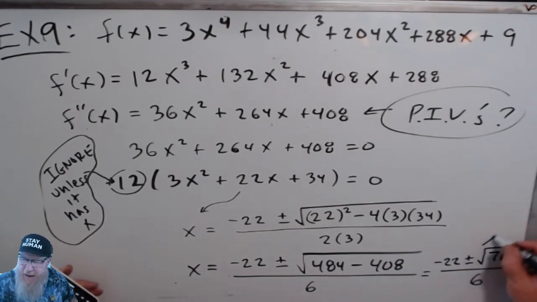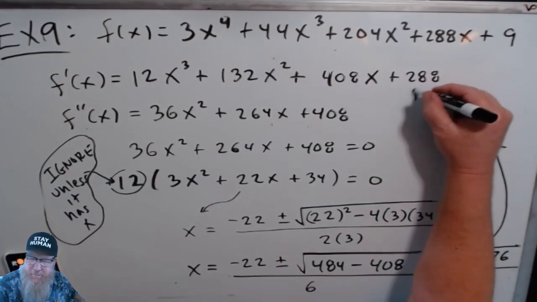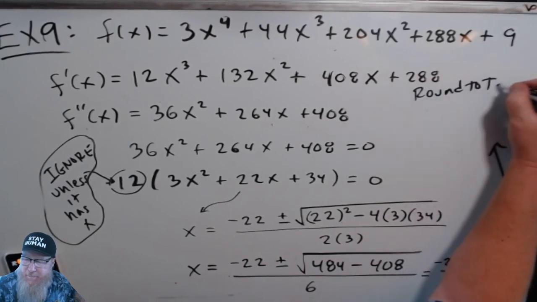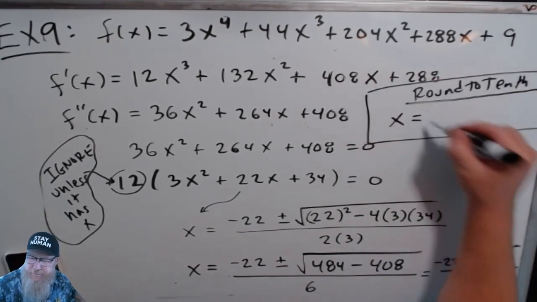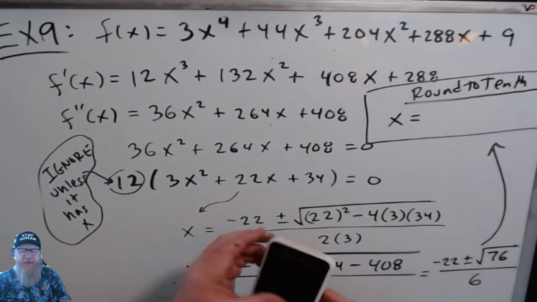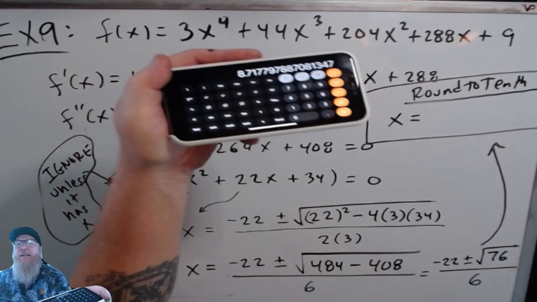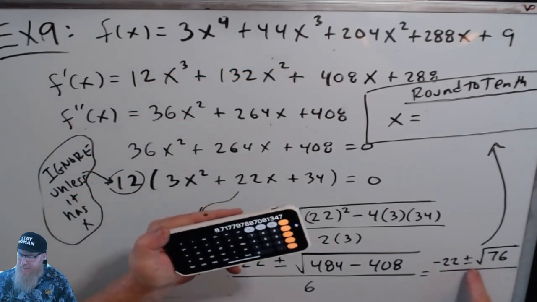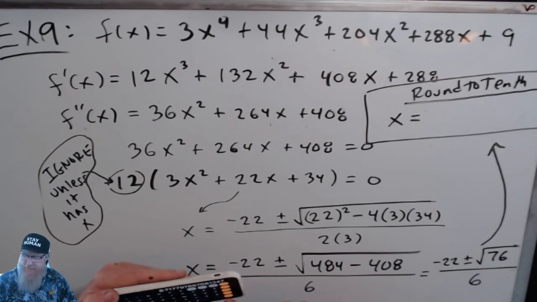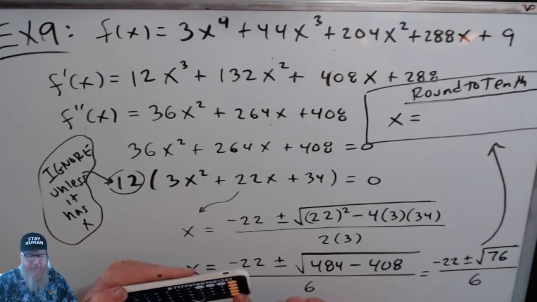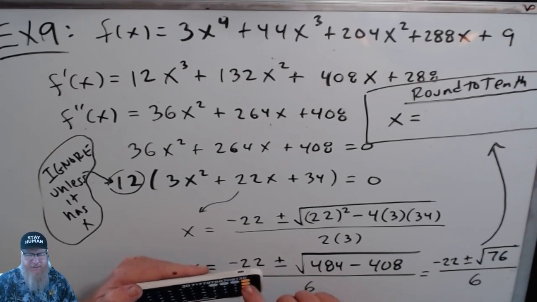And then we'll round this to the nearest tenth. So just put this in your calculator, round to the nearest tenth. The square root of 76 is 8.7. And then I'm going to do negative 22 plus that, divided by 6.